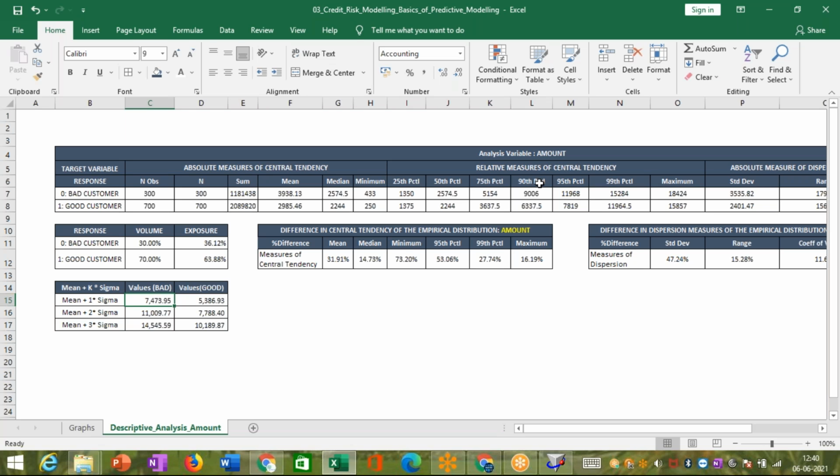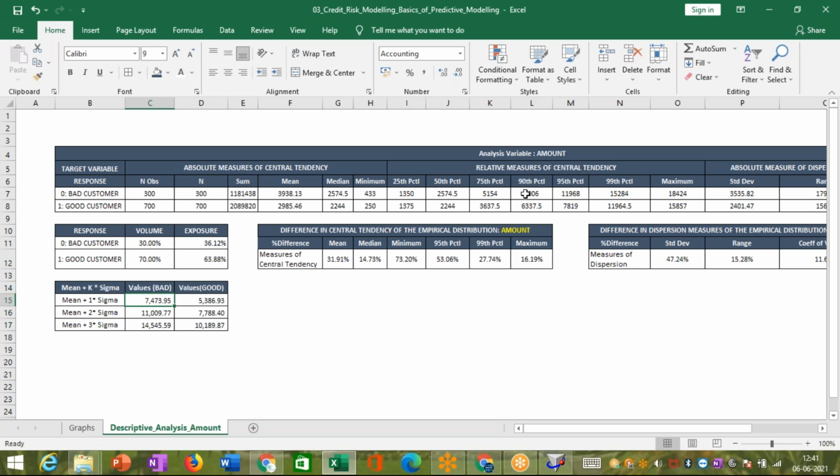So nearly 80% of the accounts are lying within plus minus 1 sigma. Had it been a normal distribution, it would have been nearly 66.67% of the observations.